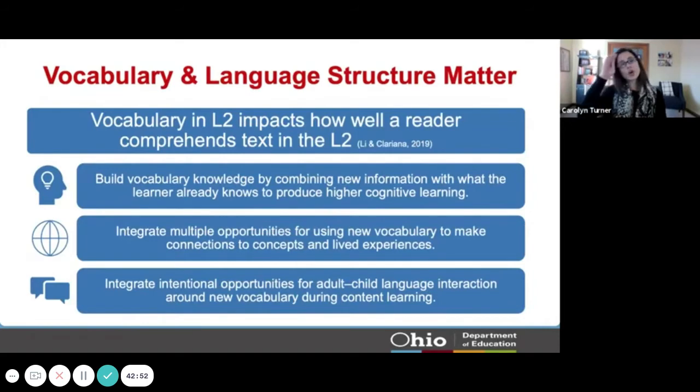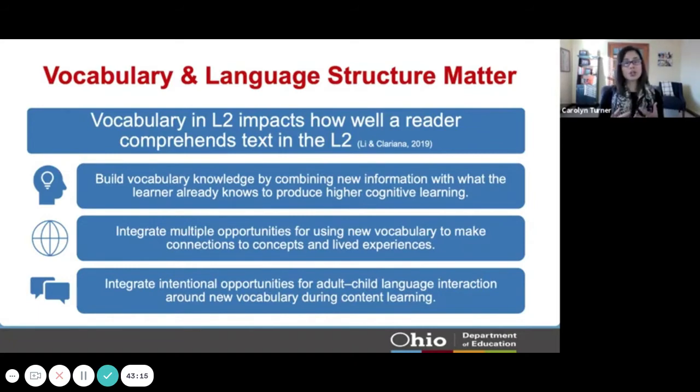All right. And so when we think about this and we think about how this language is acquired, vocabulary and the structure of our language matters. And so when our learners are learning this language, the vocabulary in their L2 is going to impact how well a reader comprehends the text in L2.